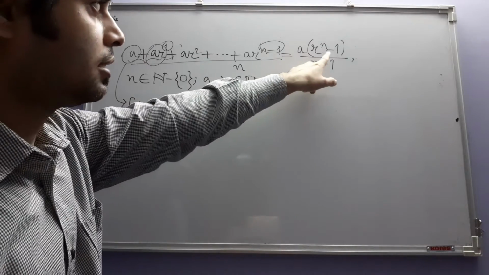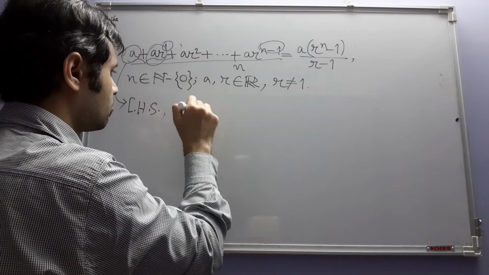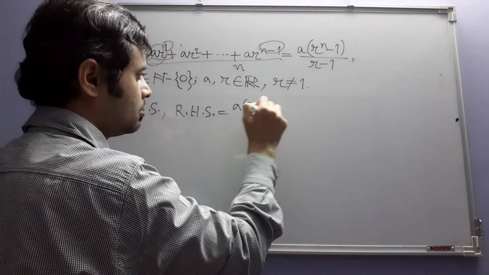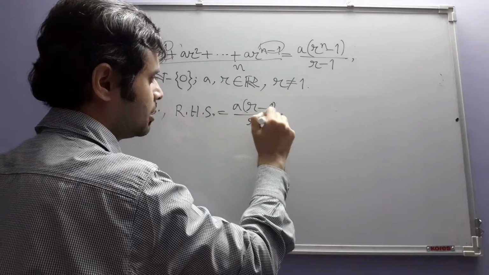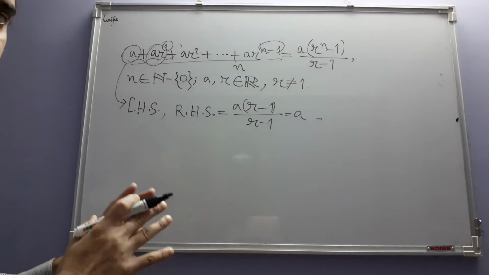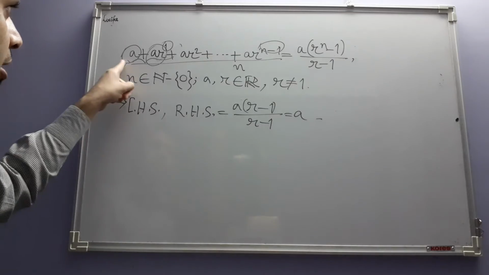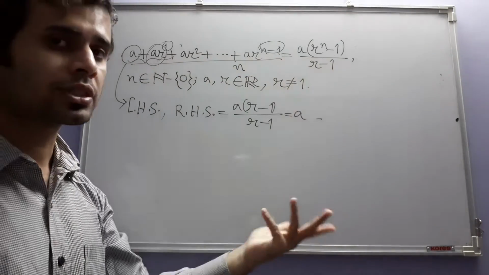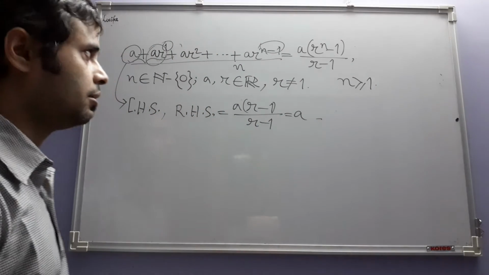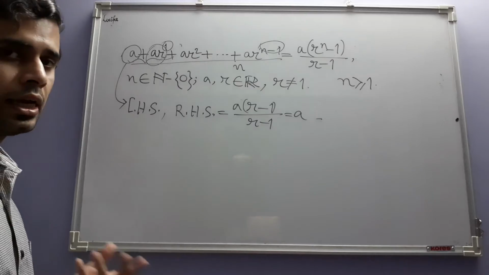On the right hand side, if you put n equal to 1, you get a times r minus 1 divided by r minus 1, which is also a. So at least in the case when n is equal to 1, the formula is true. Then you assume that the formula is true for some positive integer n. Then you proceed to show that it is also true for n plus 1.